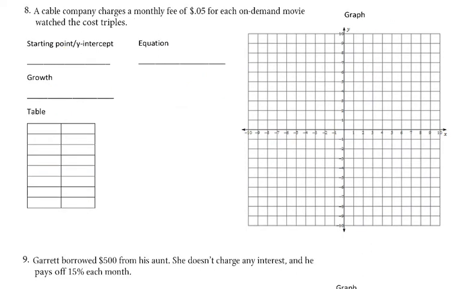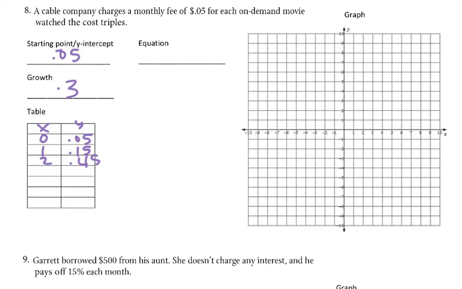A cable company charges a monthly fee of 5 cents for each on-demand movie watched. The cost triples. Okay, monthly fee of 0.05, and we're tripling, times them by 3. So 0.05, 1 would be 0.15, 2 would be 0.45, right?